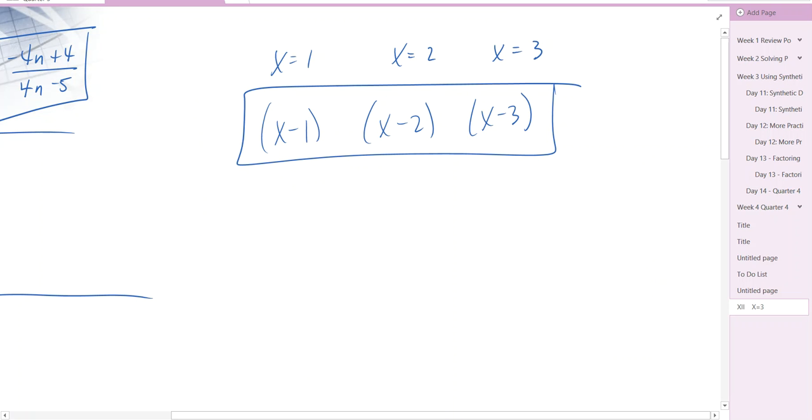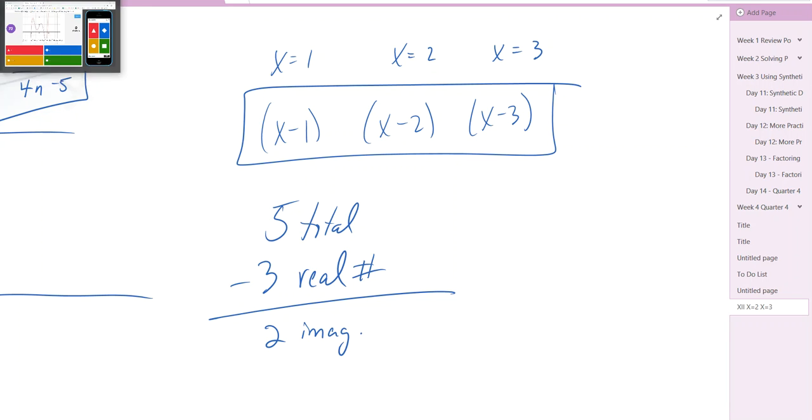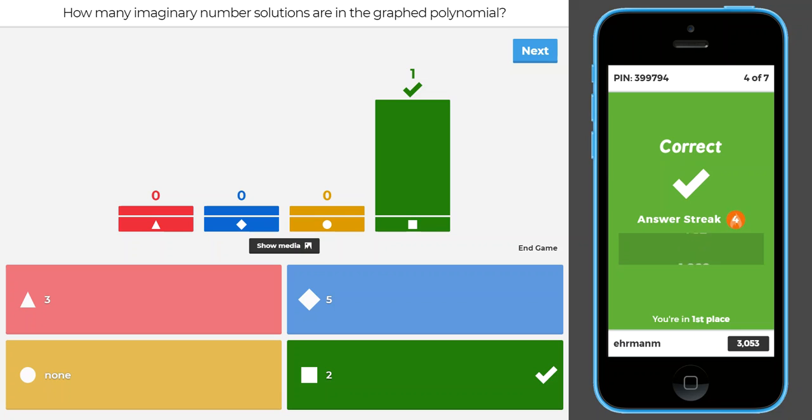Well, if there are 5 solutions in total, 3 of which are real numbers, then if I subtract those, that tells me that 2 of our solutions have to be imaginary. So I'm going to go with green square for this one. And there we go. Good answer.